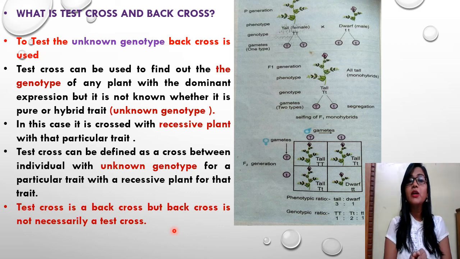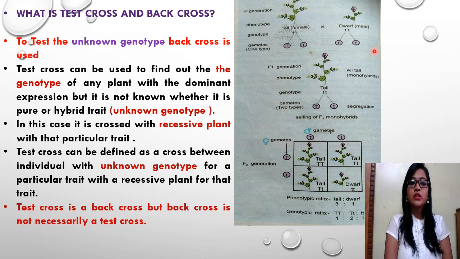So the tall plant is either homozygous dominant or heterozygous dominant, and we cannot surely find out the genotype. To find out whether the tall plant or any dominant expression is homozygous or heterozygous, test cross can be performed instead of selfing.